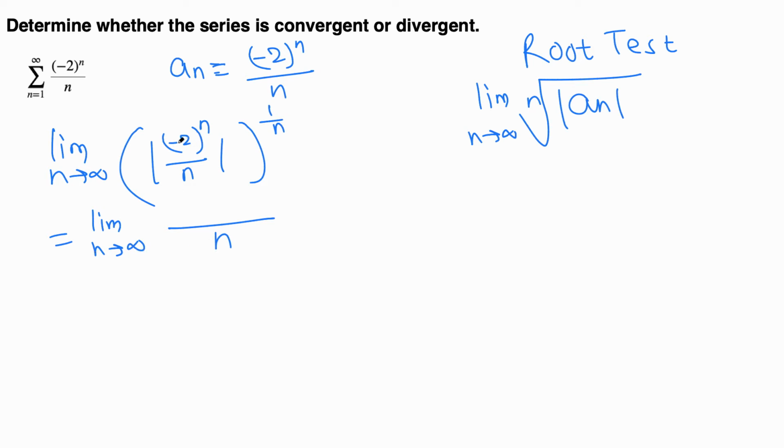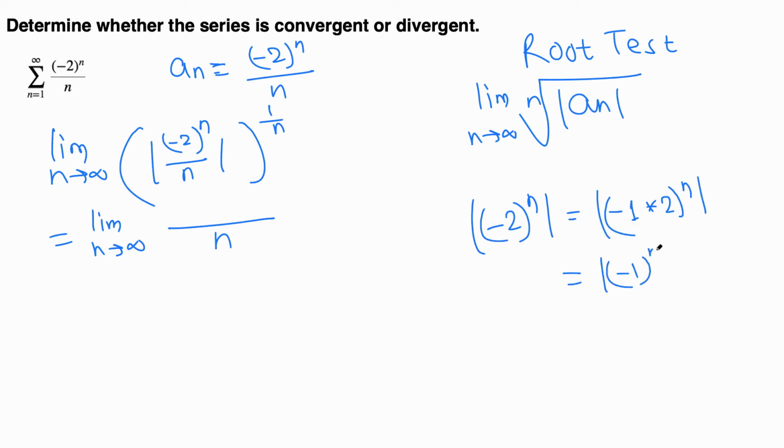But for (-2)^n, when we take the absolute value, it's going to be the absolute value of (-1)^n times 2^n.